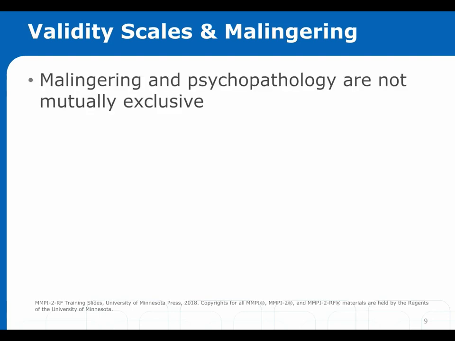So first of all, it's important to point out that malingering and psychopathology are not mutually exclusive. So it is possible that somebody both has serious and real psychological problems while also malingering or exaggerating those problems or fabricating issues in other areas.